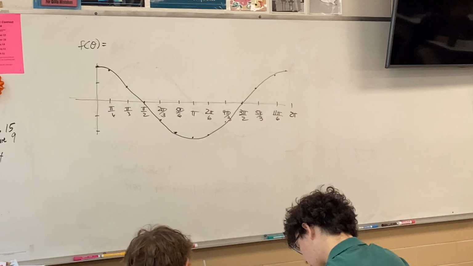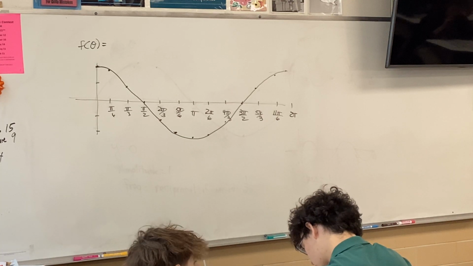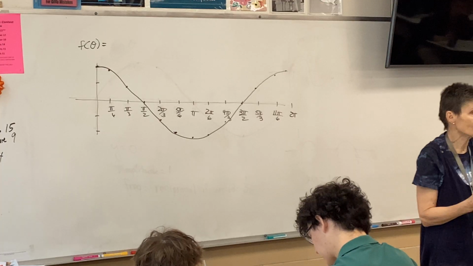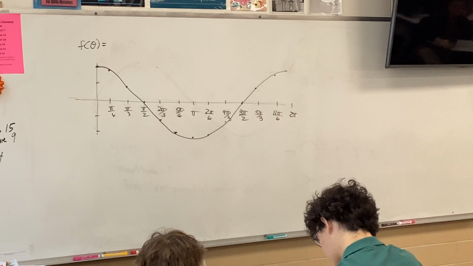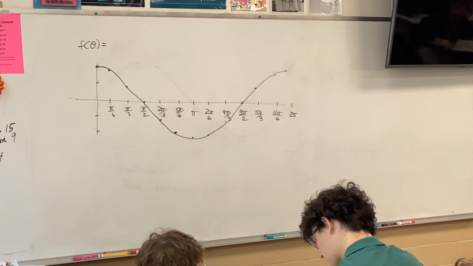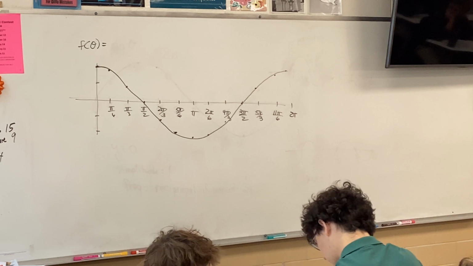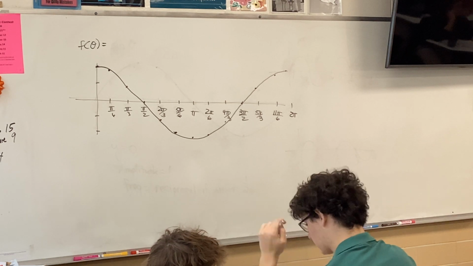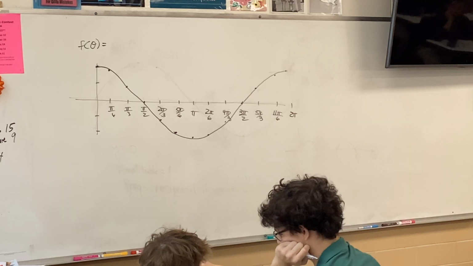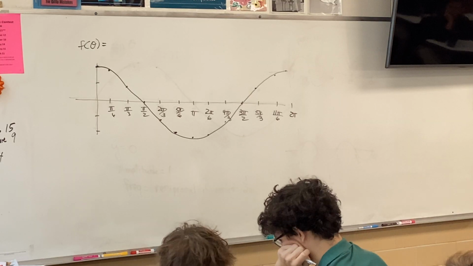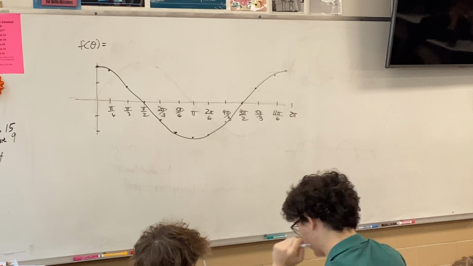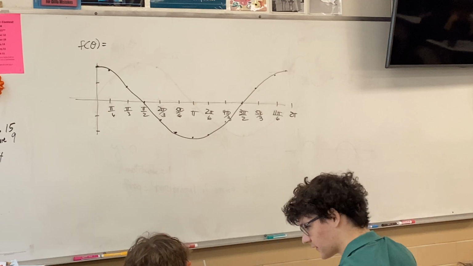So what's the frequency? 1 over pi. What's your midline this time? y equals 3. And what's your amplitude? 3. Now, the midline and the amplitude will not usually be the same. It's coincidence this time.